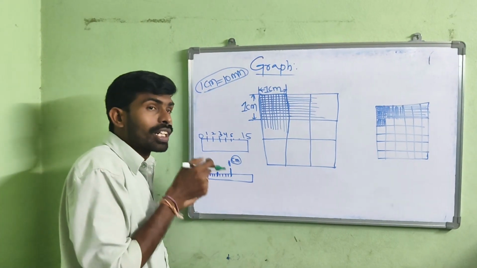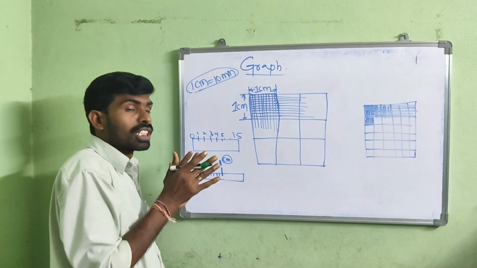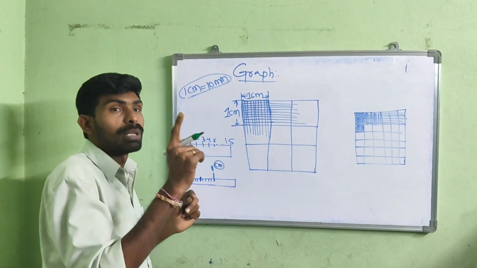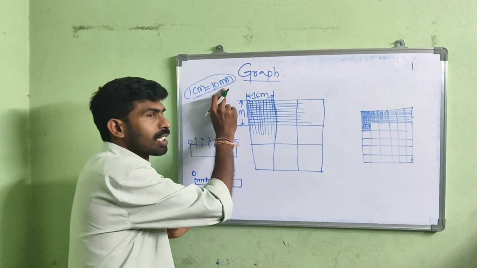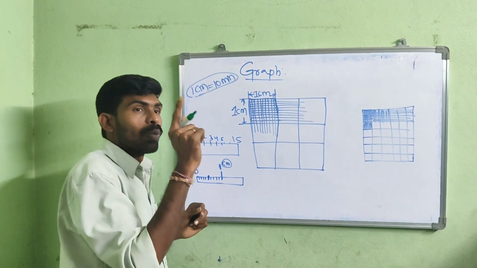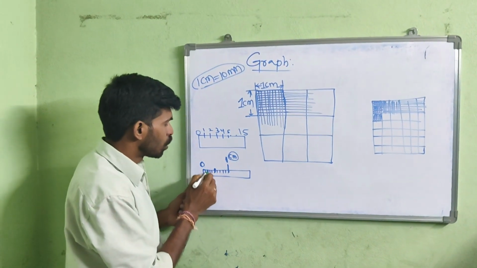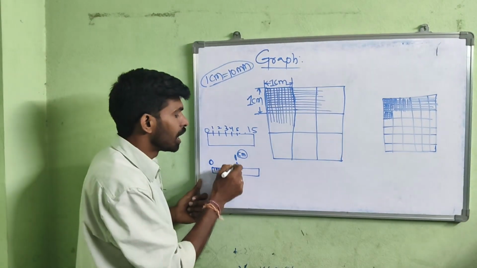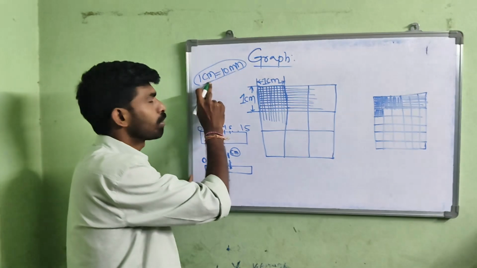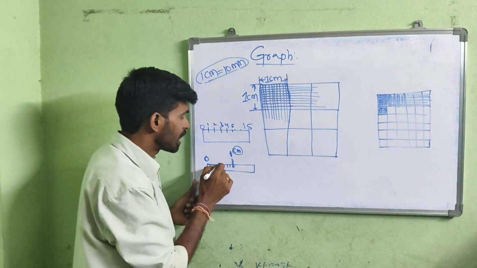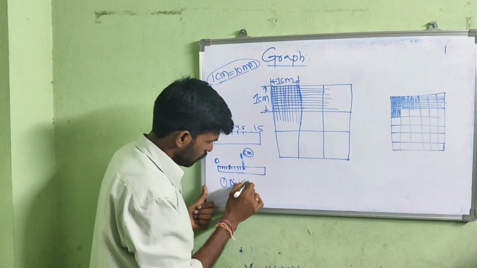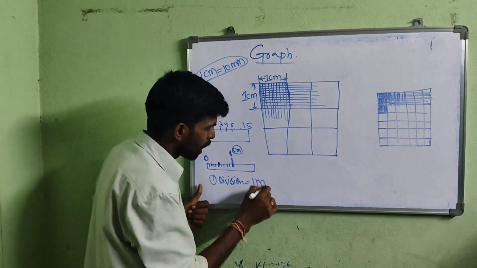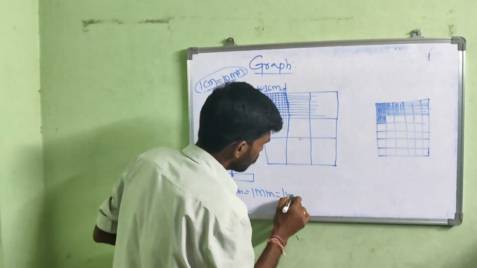That's why we are dividing into 10 divisions. Each division is 1 millimeter. Okay, 1 centimeter is 10 millimeters. 1, 2, 3, total 10 millimeters. 10 millimeters is nothing but 1 centimeter. Each division is equal to 1 mm. That is nothing but 1 millimeter.